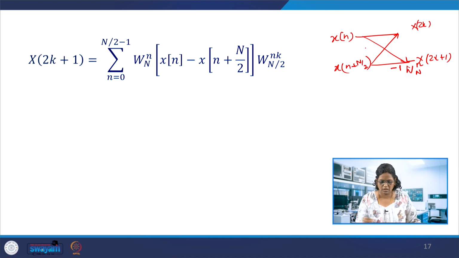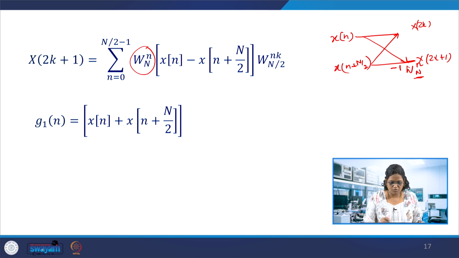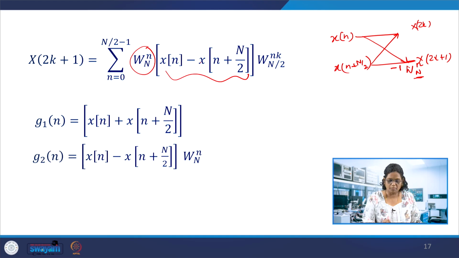After that subtracting this and then multiplying by this factor W suffix capital N power n. So that is how 2k and 2k plus 1 are obtained. But this is counting again the one complex multiplication and two additions here. Okay, so 2k plus 1. So considering these as g1 of n when it is positive for 2k and g2 of n negative, into W N n this factor.